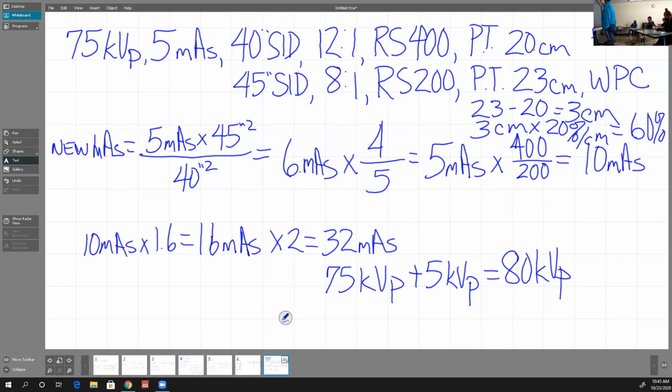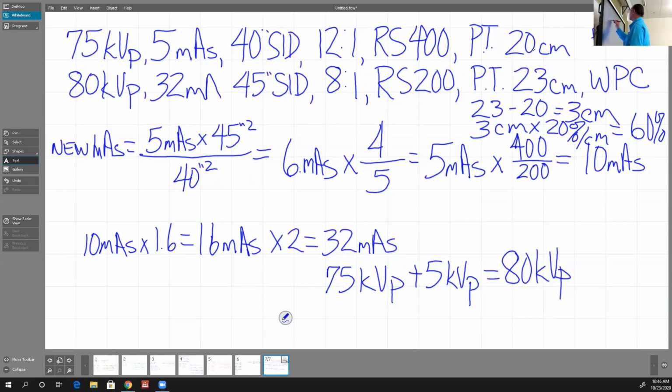So with all these variables here, we come back, we shoot 80 kVp at 32 mass, and we're good to go.